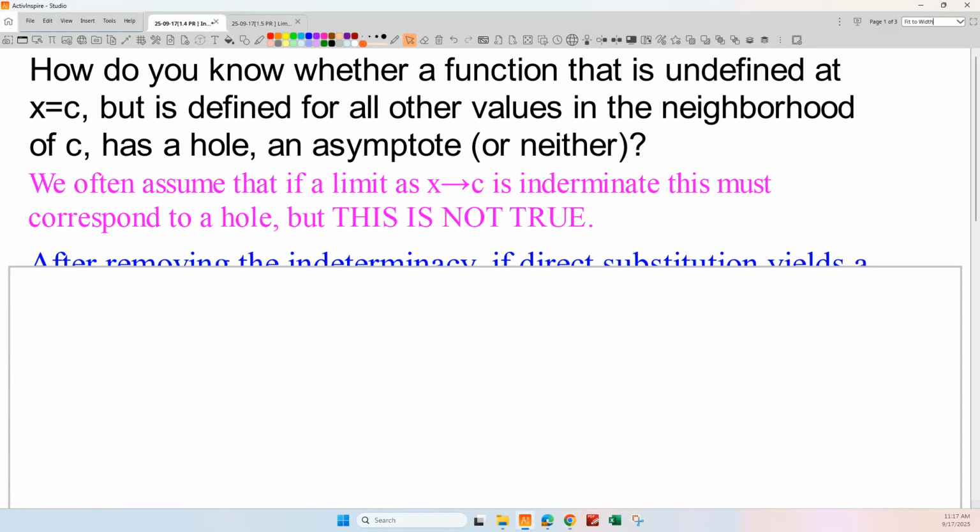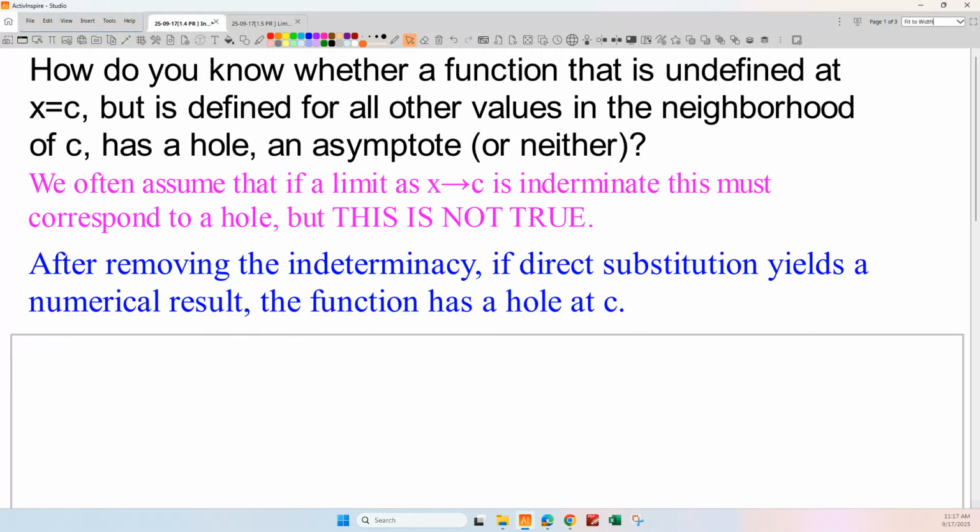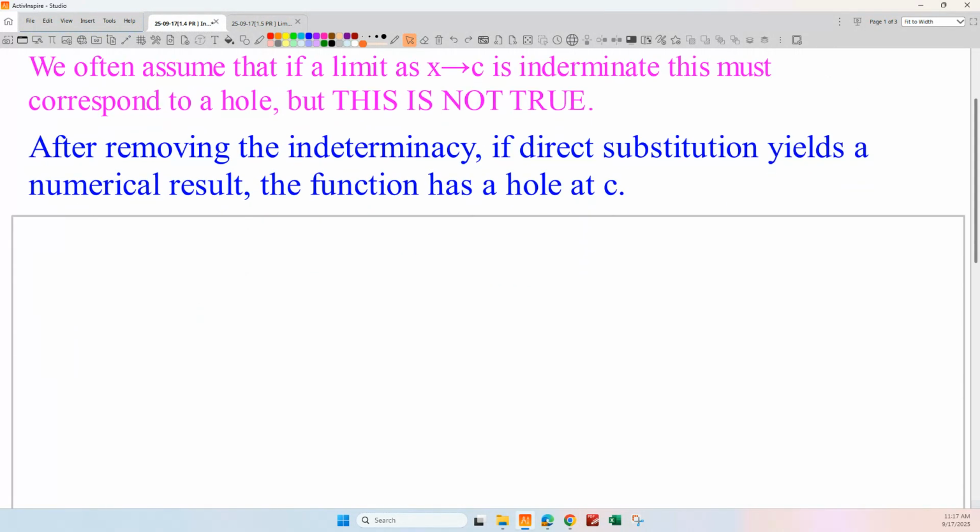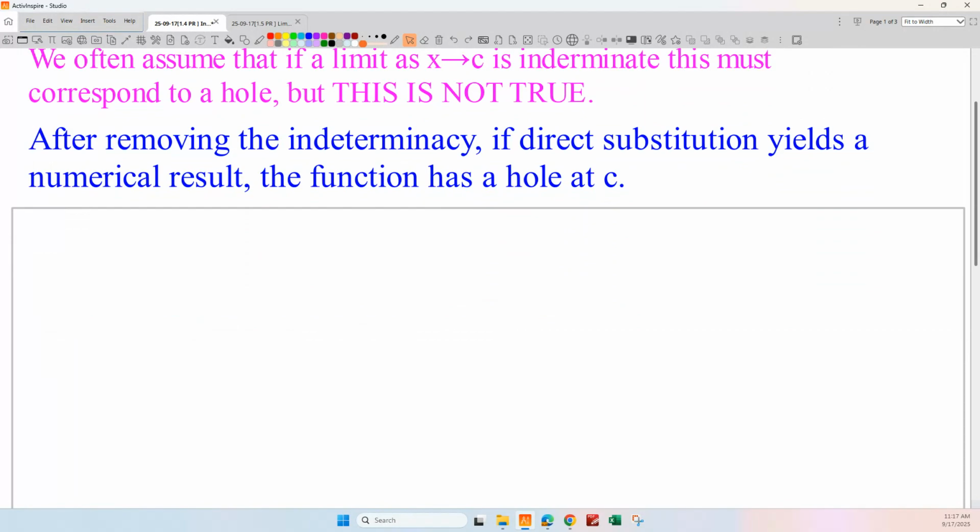So after removing the indeterminacy, if direct substitution yields a numerical answer, then it's a hole. Then what did we do? We traded the function that had a hole for one that didn't, and so it made it easy to answer the limit question. Where does the ant think he's going to step?